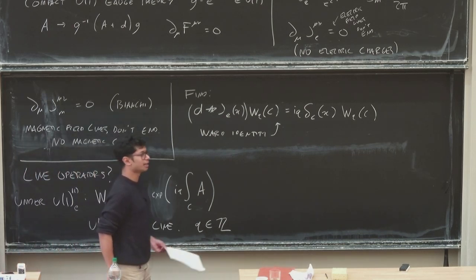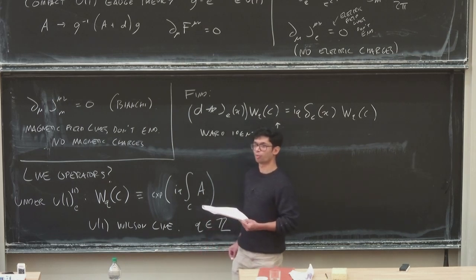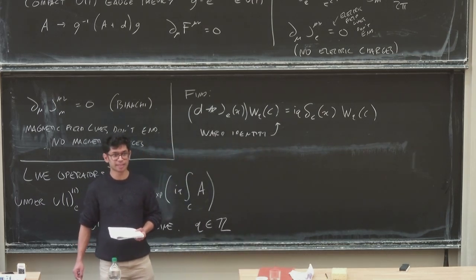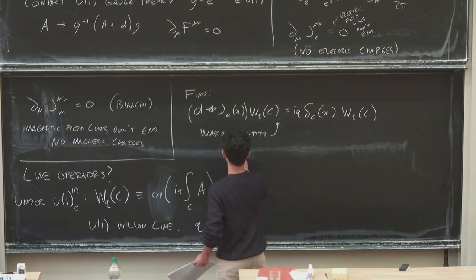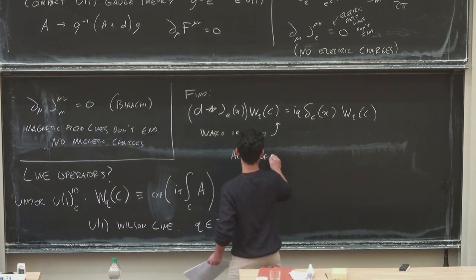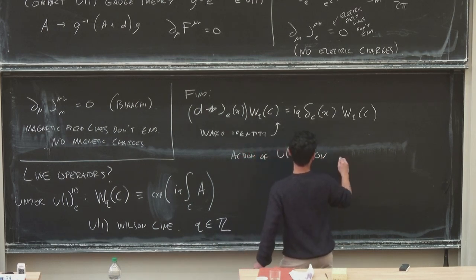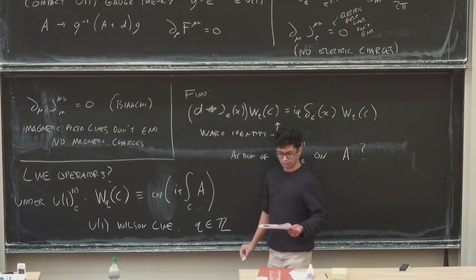Now, I want to point out that in this case, the action of the one-form symmetry on the dynamical degrees of freedom can actually be easily understood. So what is the action of U(1) one-form electric on the dynamical degrees of freedom, in other words, on A? Well, the action is simple.